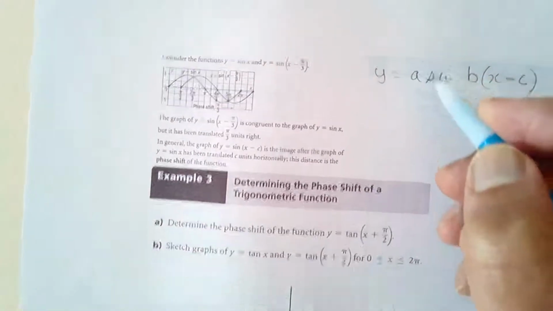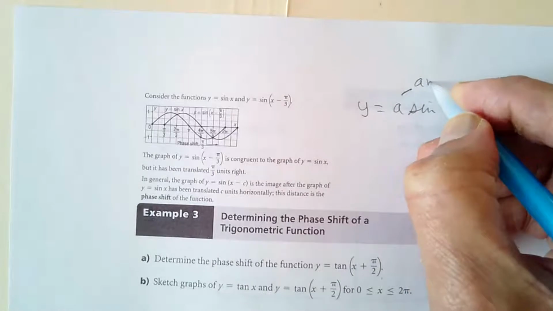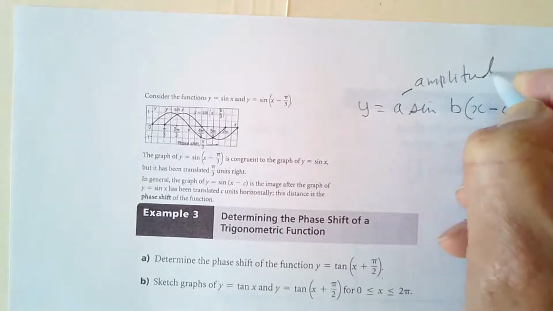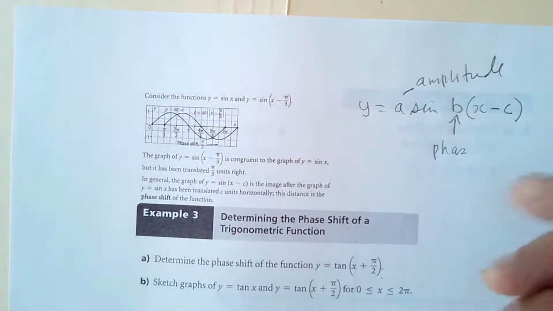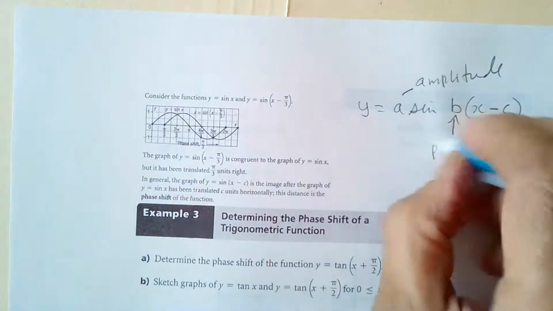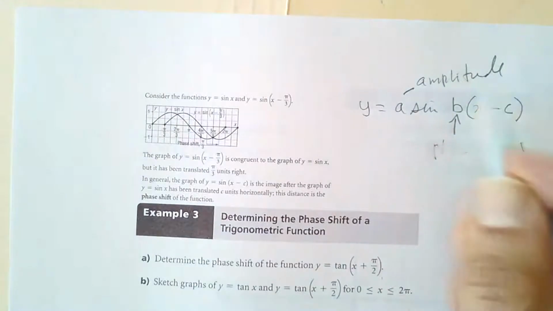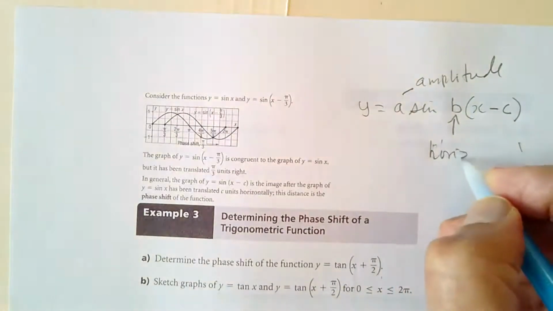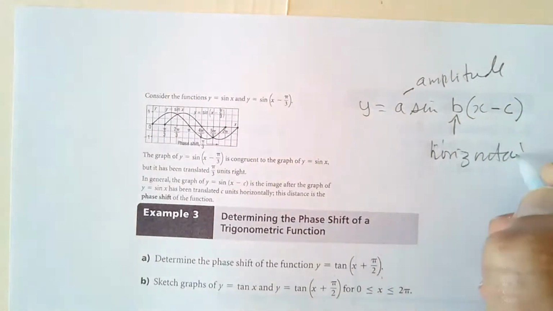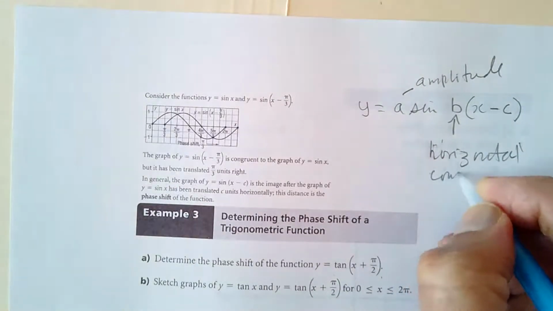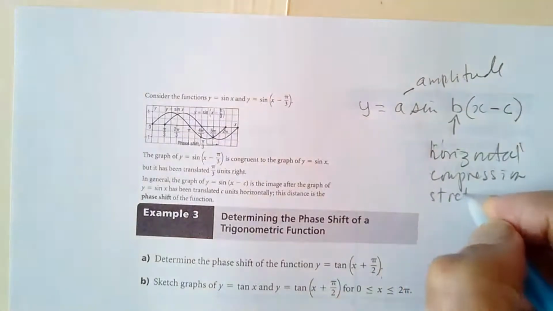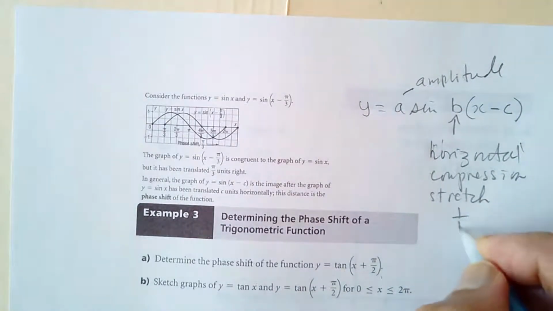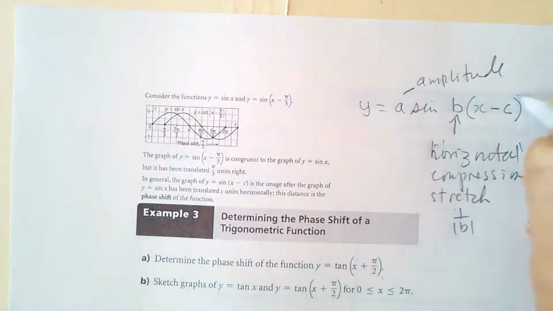This is your amplitude. What we just did was the horizontal compression or stretch, which is 1 over b. Now, the c is the phase shift.